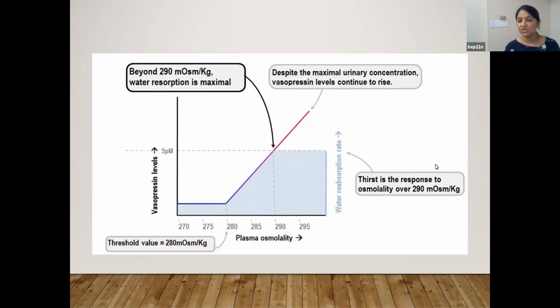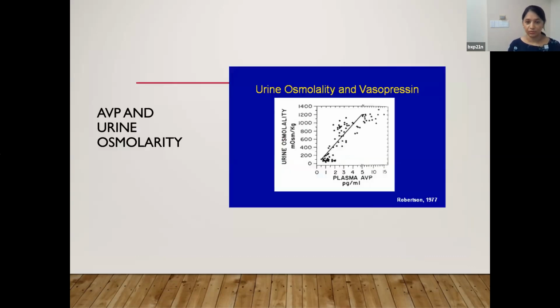And when you reach around 290, that means plasma is hyperosmolar, then you're thirsty, you start drinking, and you have the ADH action there, and you conserve water, and then you bring that osmolality towards normal. So water is being conserved in the body. So that's the normal mechanism. And as the vasopressin level increases, your urine osmolality will keep on increasing and maximize.